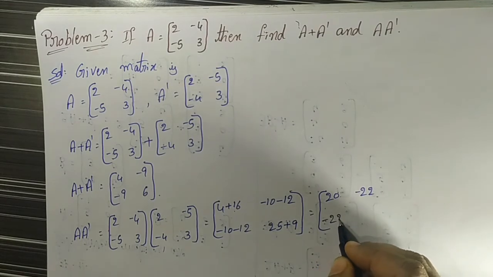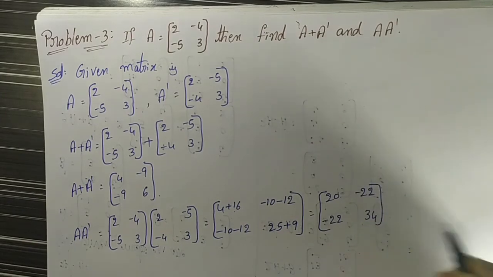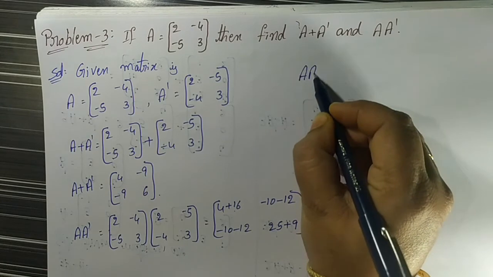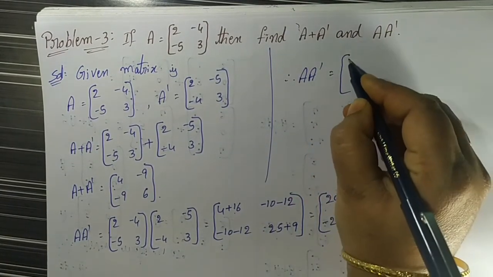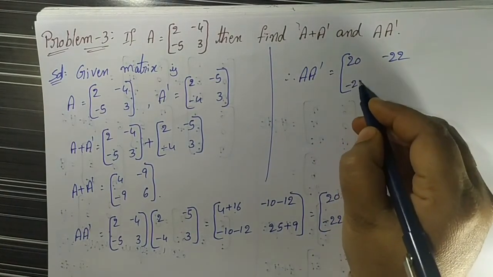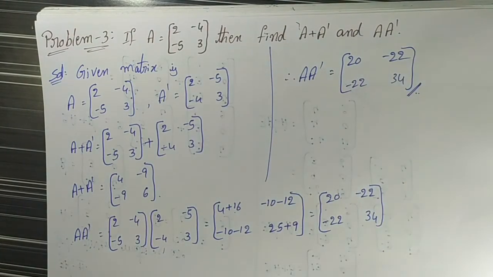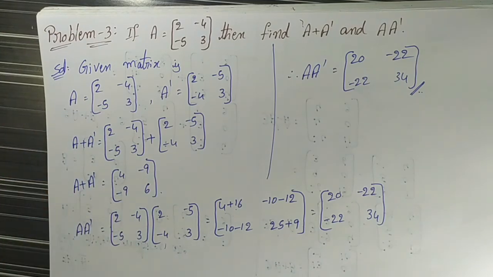Here also minus 22. 25 plus 9 value is 34. This is the A into A' value. Then A into A' equals [20 -22; -22 34]. This is the third problem solution.